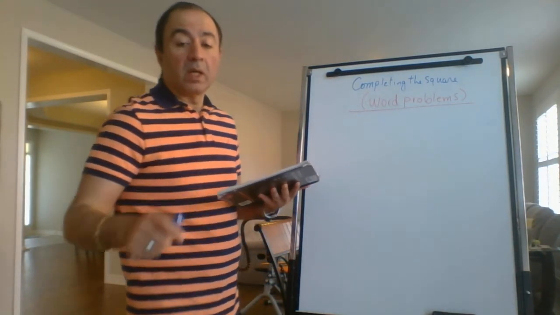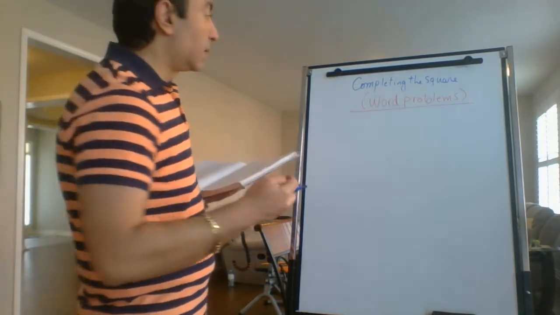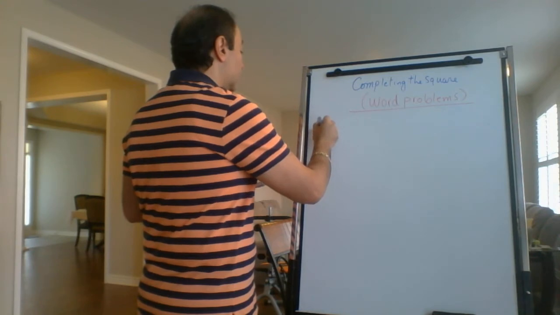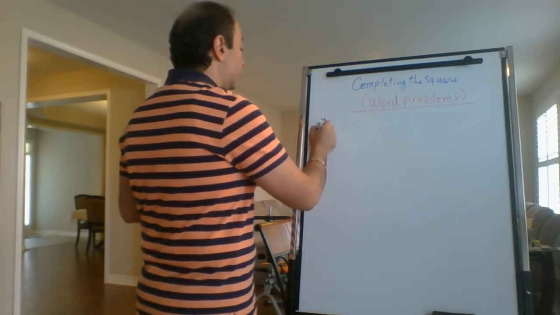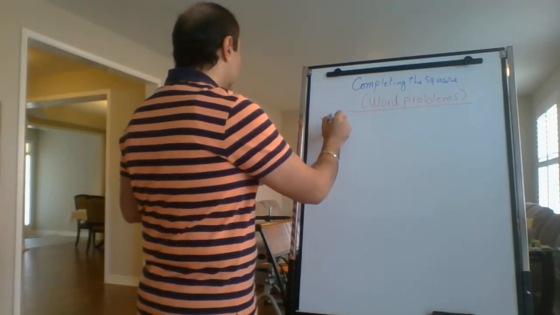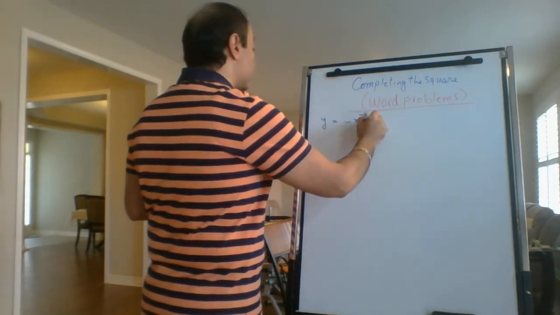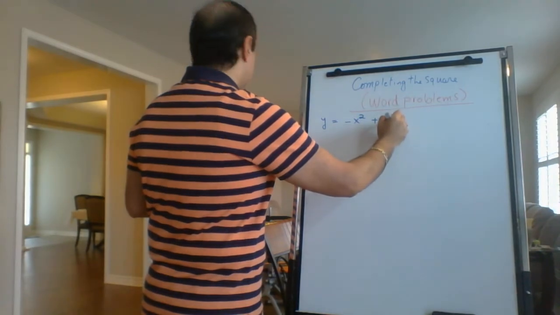Okay, so in this question, they give us a relationship between y, which represents the height of the ball at any horizontal distance, and x is the horizontal distance measured from a fence.